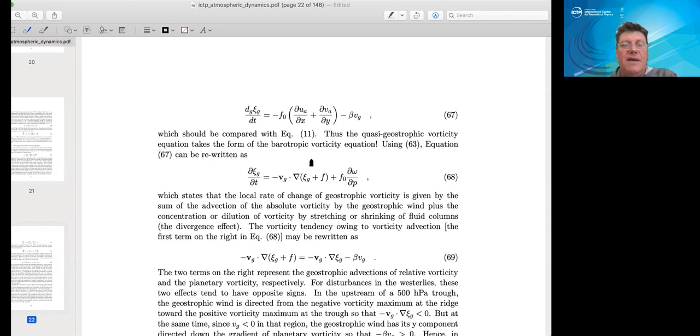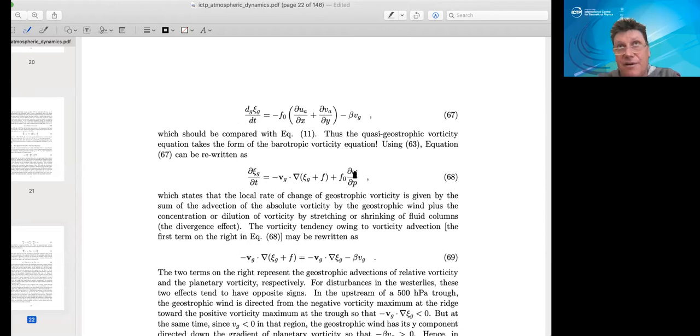And then you may slightly reformulate this using the continuity equation, and you may split from the total time derivative of the relative vorticity just the local time derivative. And then it turns out that if we don't have orography or strong diabatic heating, then often this term here on the right-hand side, this divergence term, can be occasionally small.